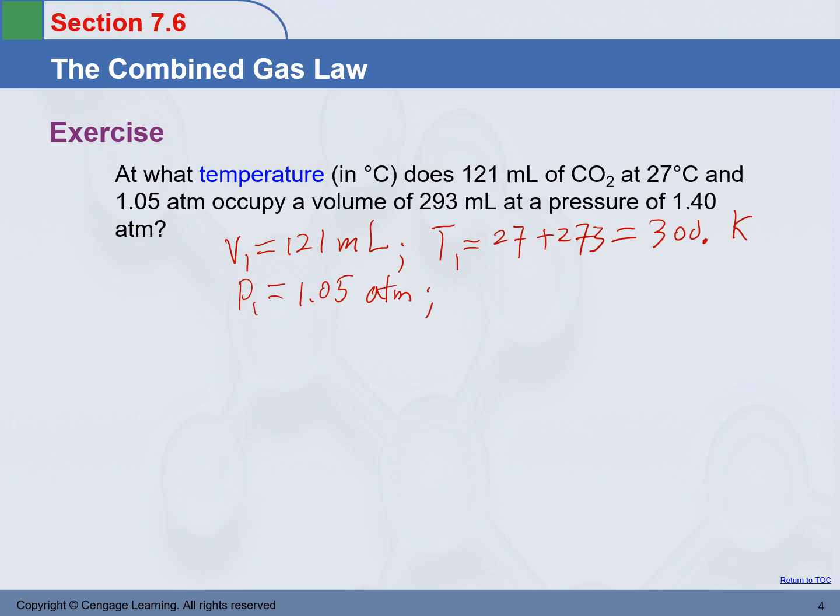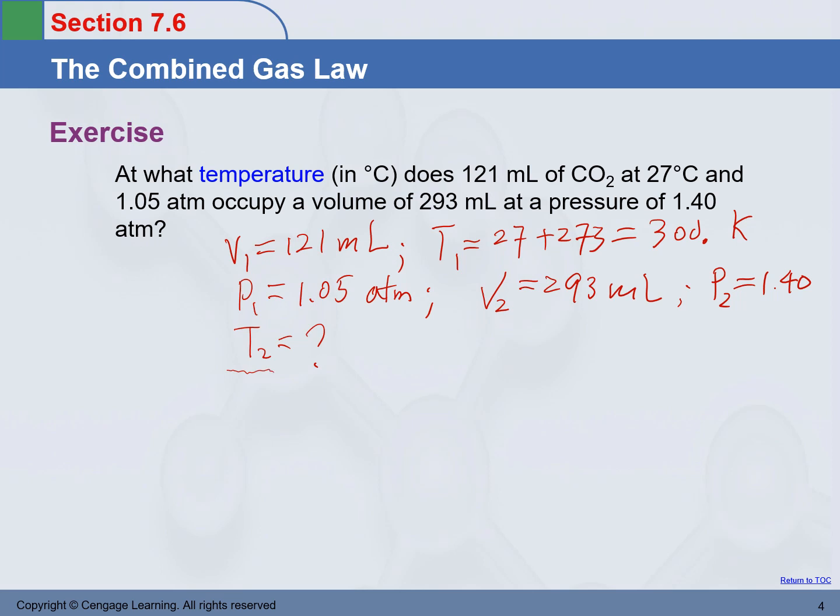Then the volume becomes V2 equals 293 milliliter, and the pressure becomes 1.40. It is asking T2. All right. Again, keep in mind the question is asking for Celsius. The T2 we are going to get directly from the gas law will be in Kelvin.